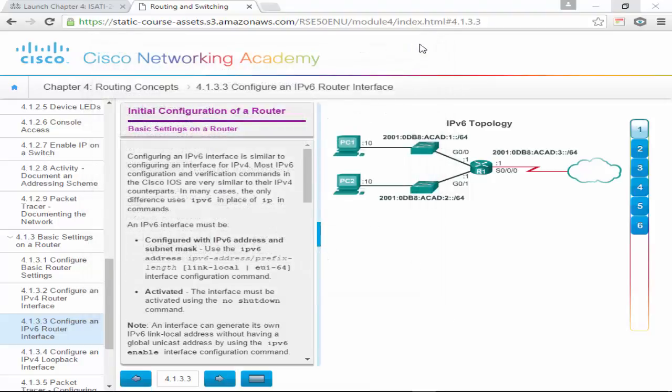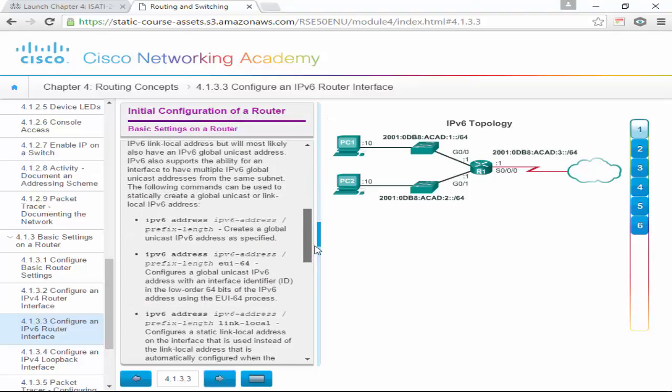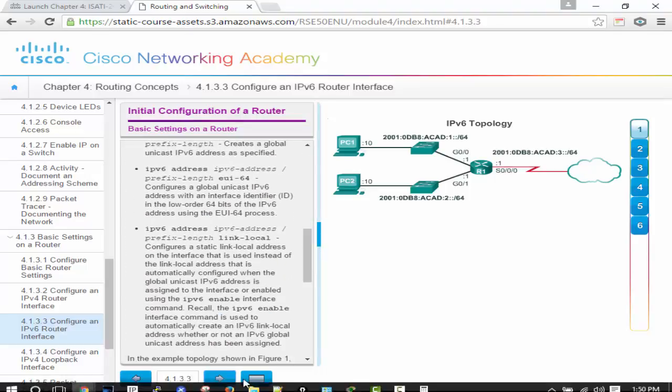Because when we set IP version 6, hopefully you remember, they can be dual homed, so we can have a link local on an interface and a global unicast on an interface, so we can set multiple IP version 6 addresses on an interface.